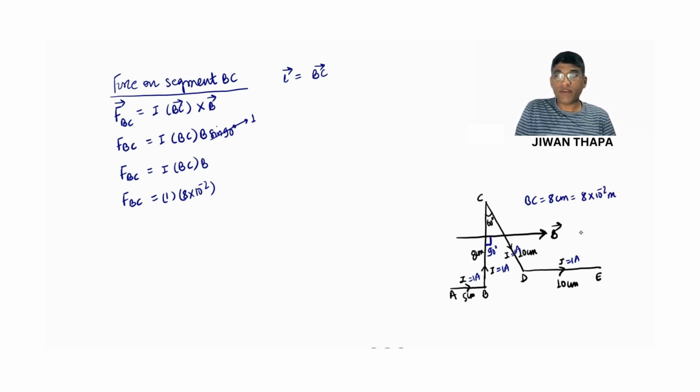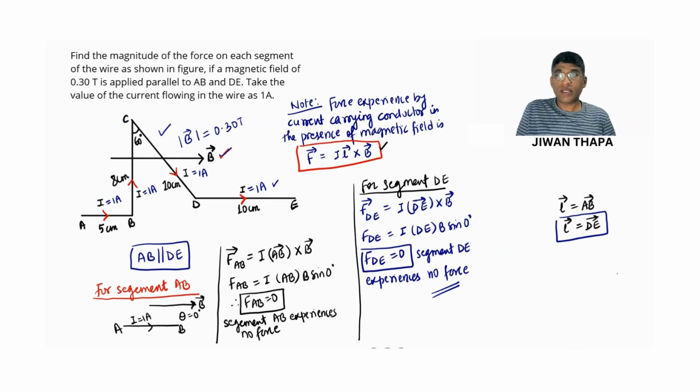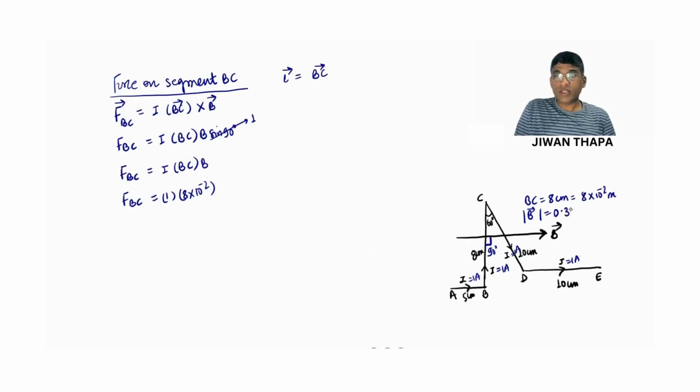And magnetic field is 0.30 Tesla. So let us find this expression for force. So we have 8 times 10 to the power minus 2.